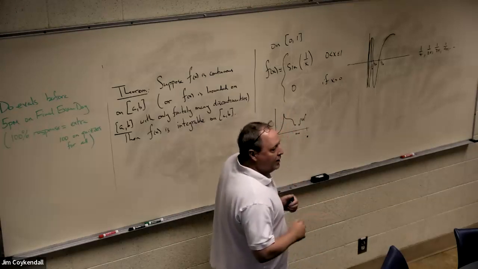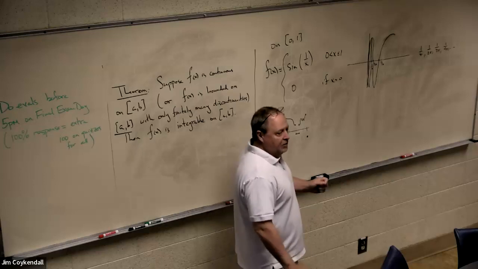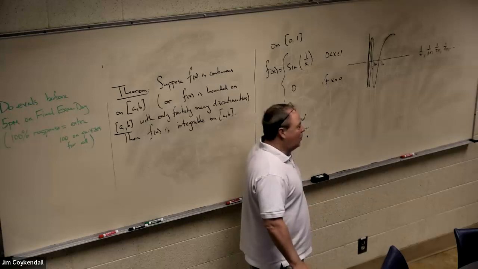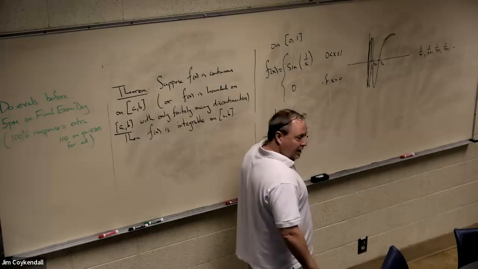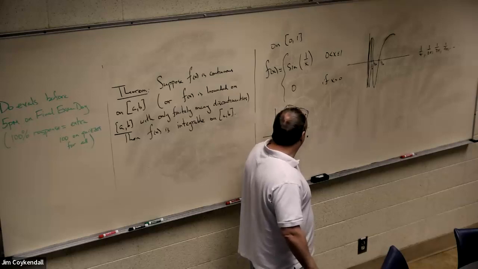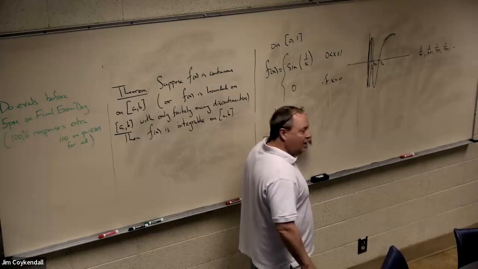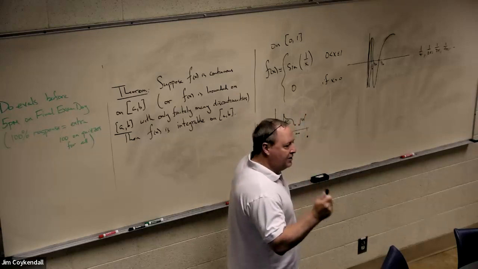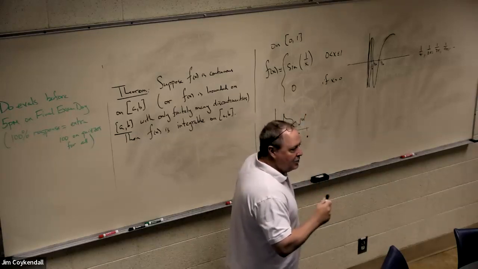Now good luck writing this down, but there are functions that are continuous everywhere and they are differentiable nowhere. Notice this function is differentiable in a lot of places, right? All the way up to here, down to this flat part. There are functions where the derivative doesn't exist at any single point.